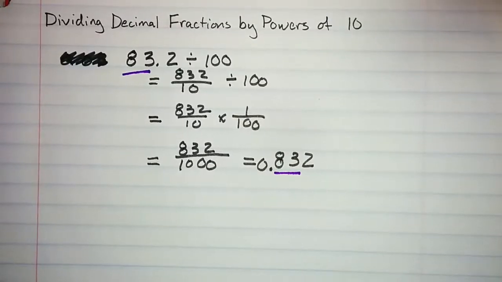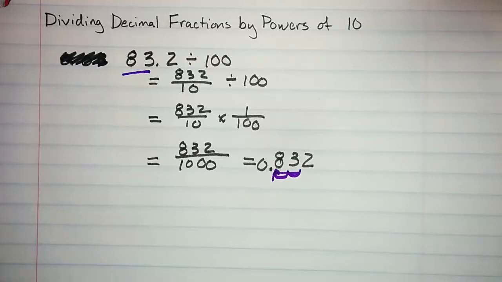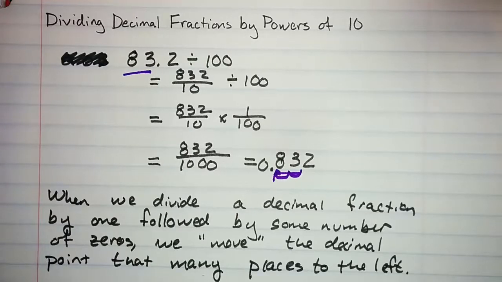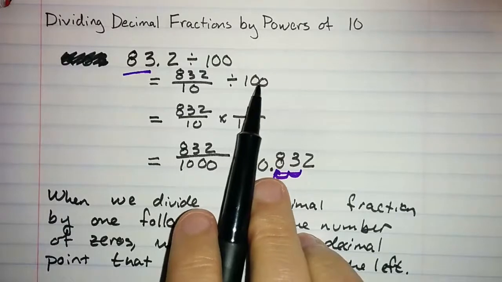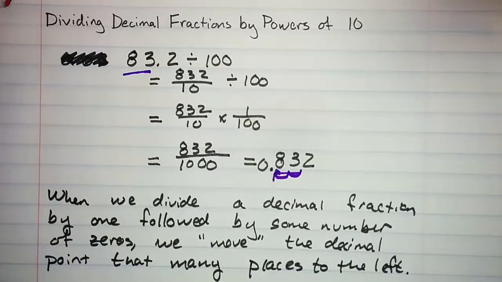If we want to think of this in terms of moving the decimal point, we have moved it 2 places further to the left. And this is the same scare quotes around "move" as we saw when we were multiplying. Decimal points don't really move. We write it so that there are 2 more digits after the decimal point when we divide by 100, because we have 2 more zeros in our denominator.